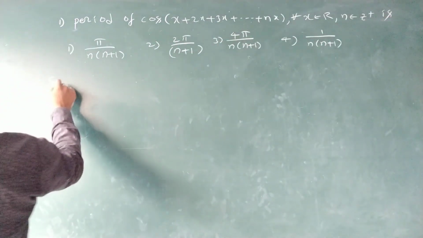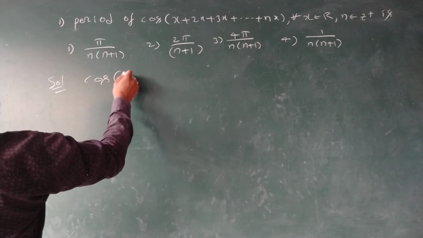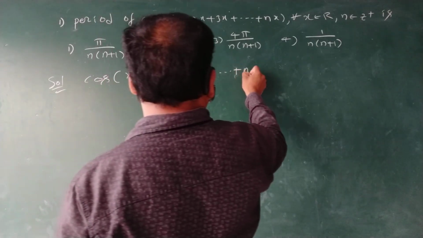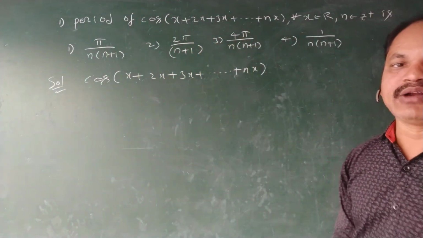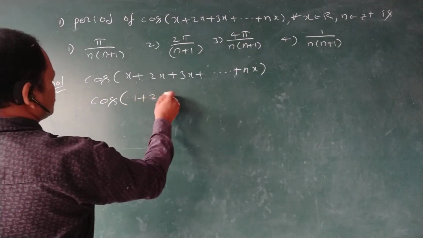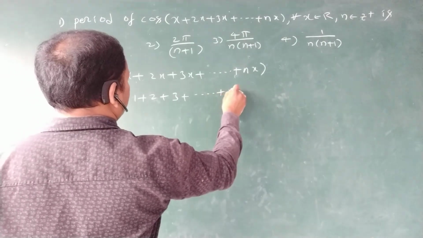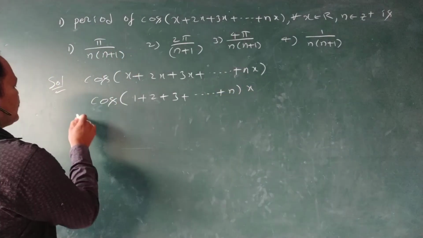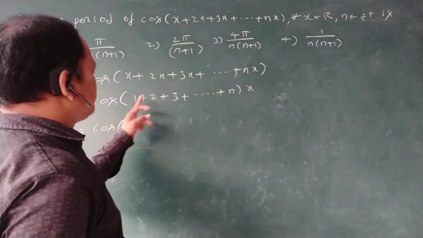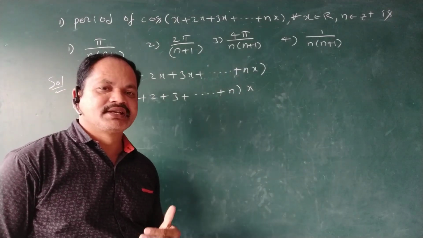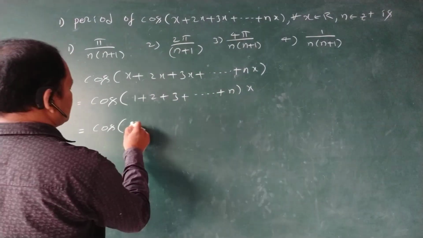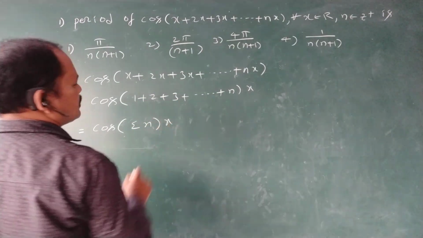Now the solution for this question: cos(x + 2x + 3x + so on up to nx). So we have to take a common x from this: cos((1 + 2 + 3 + so on up to n)x). Observe, here 1 + 2 + 3 + so on + n means the sum of natural numbers, which represents Σn.